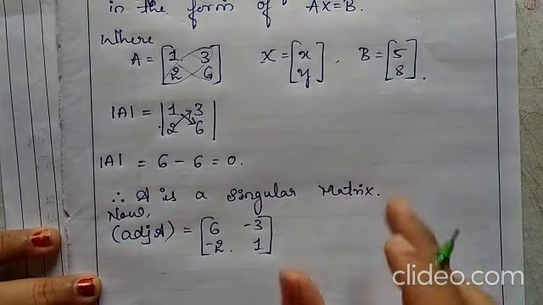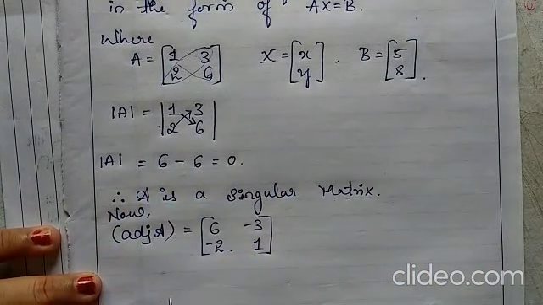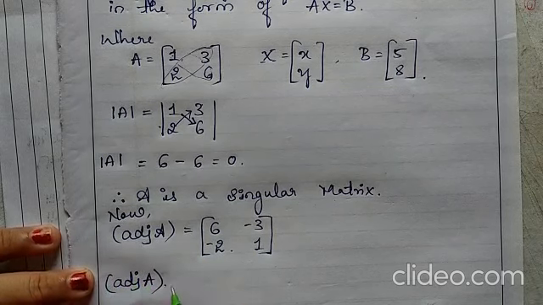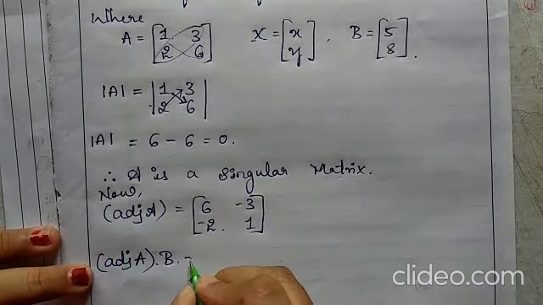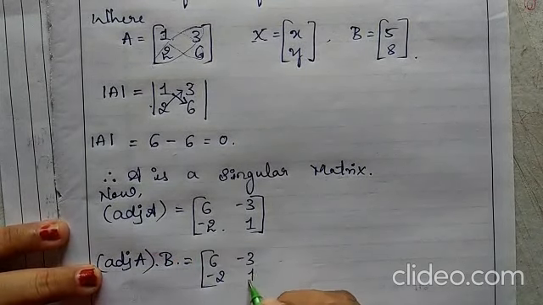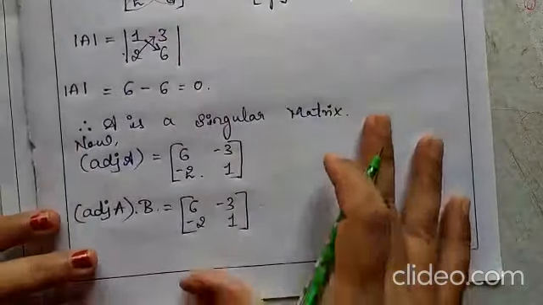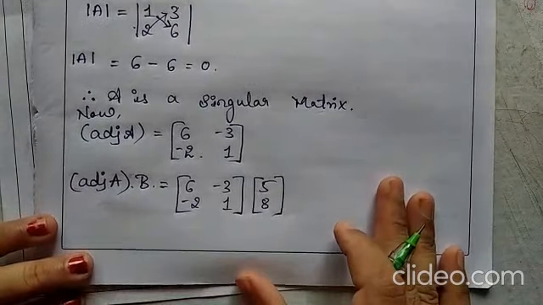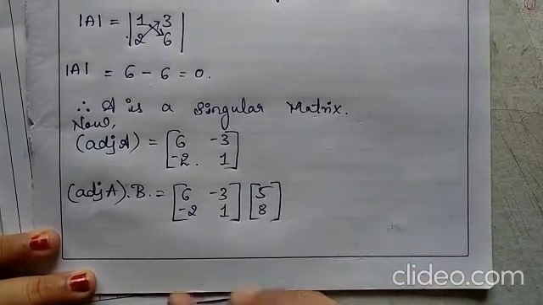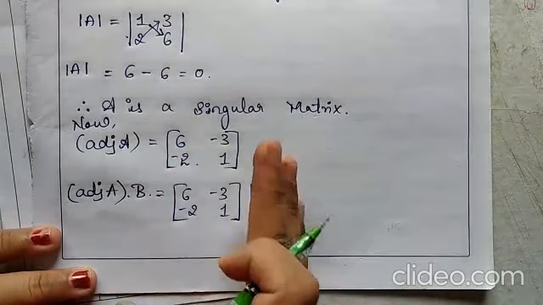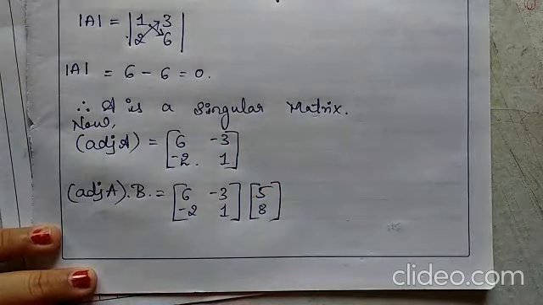So for a singular matrix, first we calculate the adjoint of A. Later we multiply adjoint of A with B. So adjoint of A, which we just calculated, is 6, minus 3, minus 2, 1, into B, which is 5, 8. How to multiply two matrices? The number of columns in the first matrix should be equal to the number of rows in the second matrix.